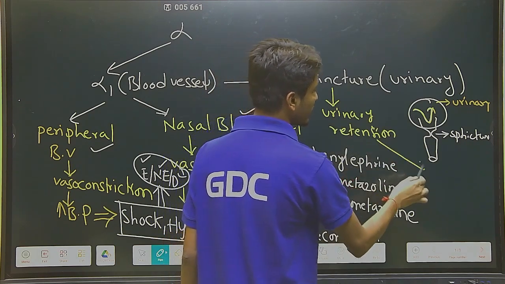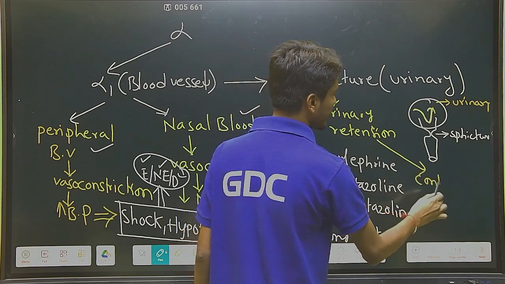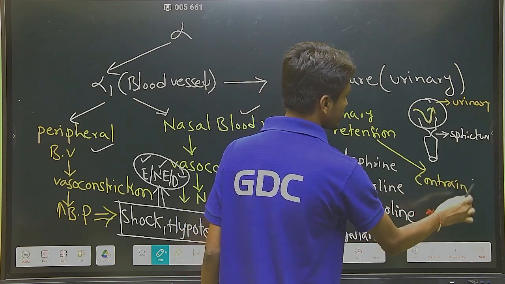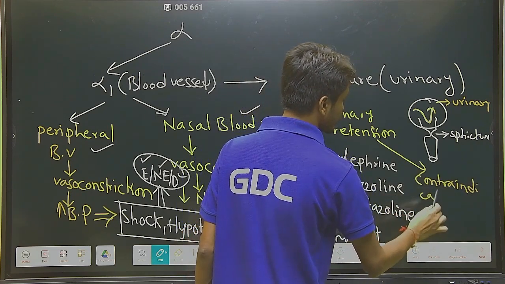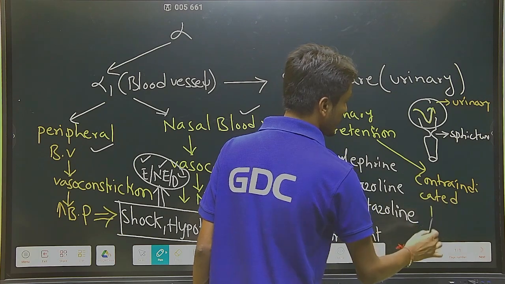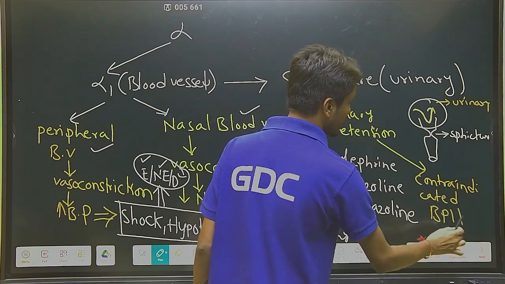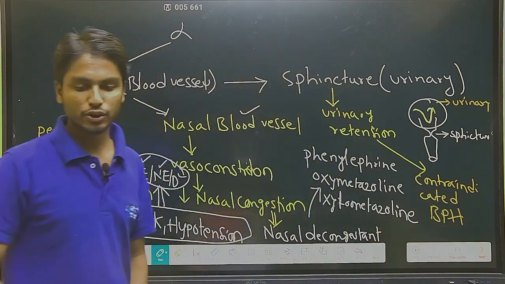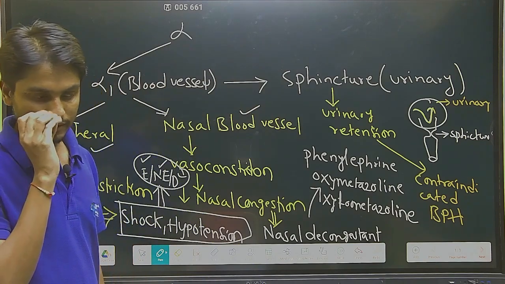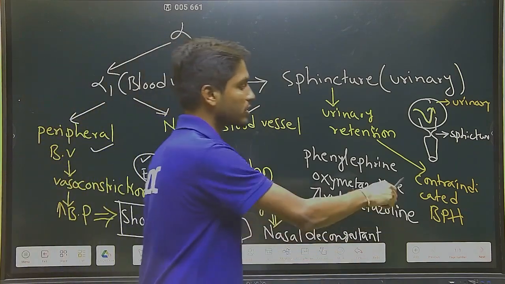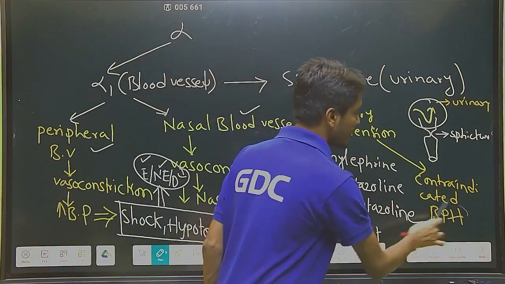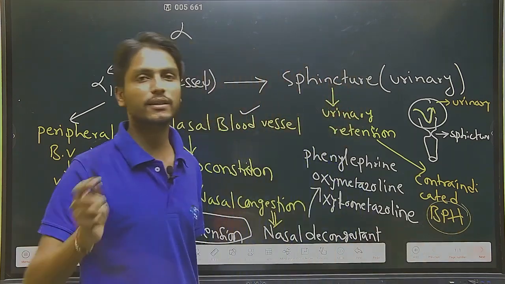Hence, the drug should be contraindicated, especially in the case of benign prostate hyperplasia, because in benign prostate hyperplasia there is already urinary retention.